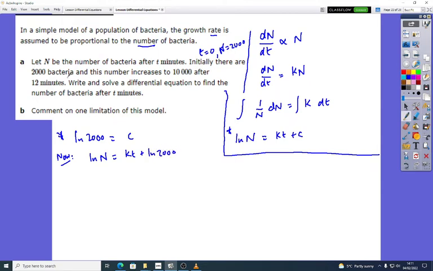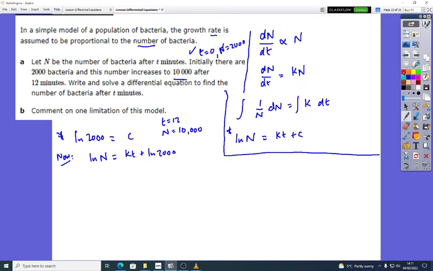Now there's a reason they gave you two conditions, because you had two unknowns. You had this constant c, and you have this k here. So that's got rid of one condition. Let's look at the other condition. We've also been told that when t is 12 minutes, the population size is 10,000.